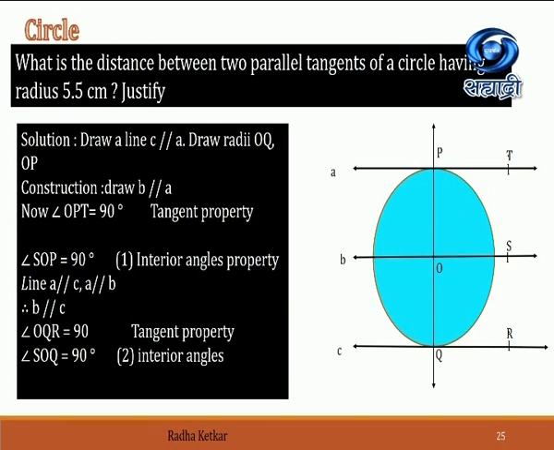Angle OQR is 90, using the tangent property. Also, angle SOQ will be 90, the same logic we used earlier, because line B is parallel to line C. As these two lines are parallel, interior angles are supplementary. So SOQ will also be 90.